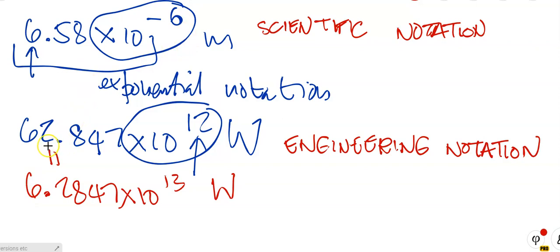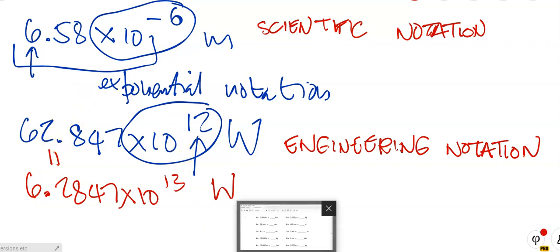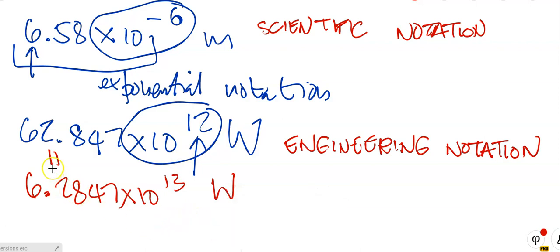I made this number 10 times smaller, which means I need to make its exponent bigger. So 62.847 times 10 to the power 12 is equal to 6.2847 times 10 to the power 13. Is this number in engineering notation? No, it's not. But it is in scientific notation. Are you getting that?